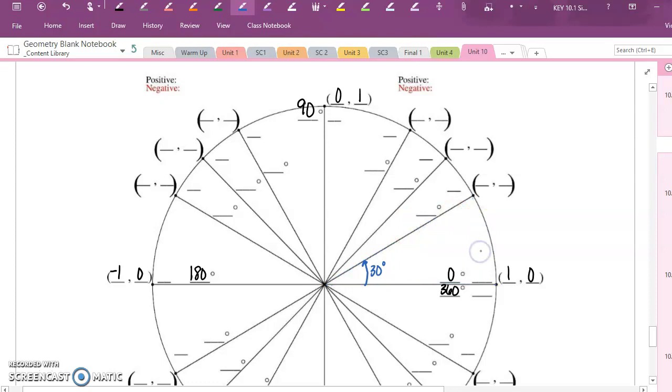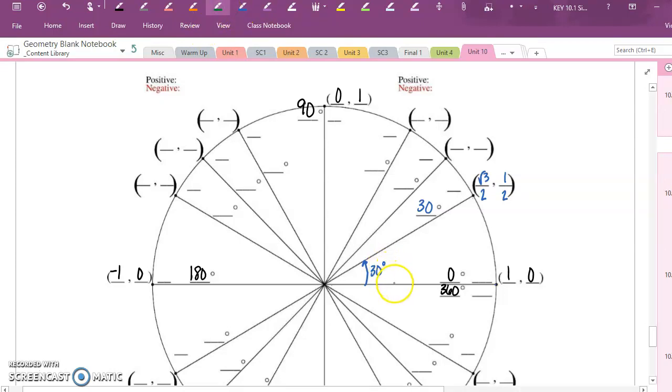So 30 degrees is our first reference angle. We learned way above, we did all of the work, that for the 30-degree angle, the cosine value we found was square root 3 over 2, and the sine of 30 degrees was 1 over 2. And we did that with our circles.